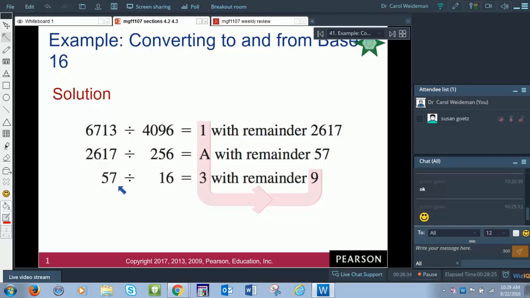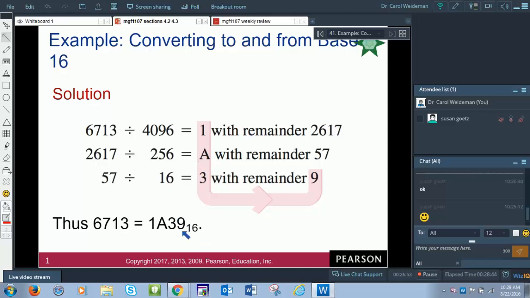Drop the 57 down to the next position, which is a value of 16. 57 divided by 16 gives me 3 with a remainder of 9. So here's my representation: 1A39 in base 16.